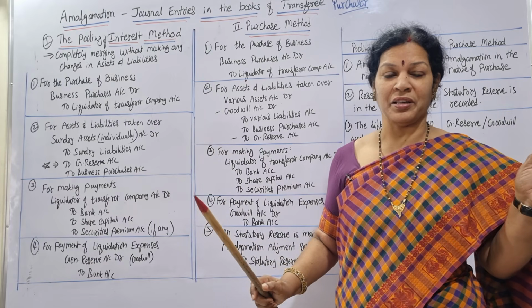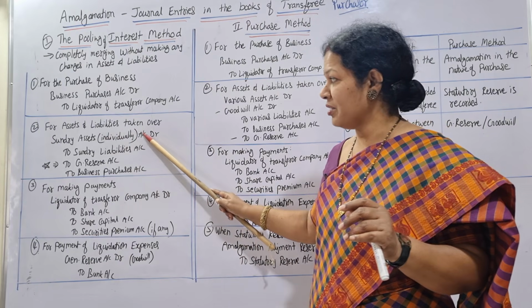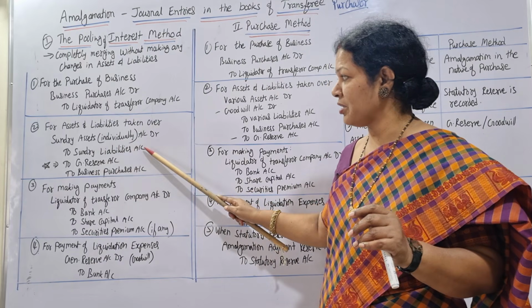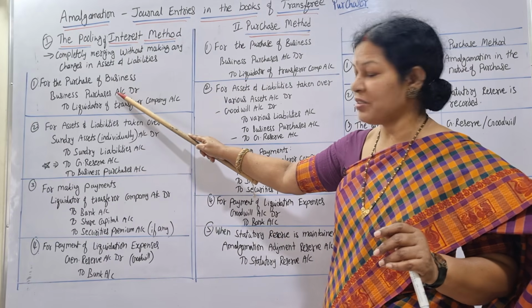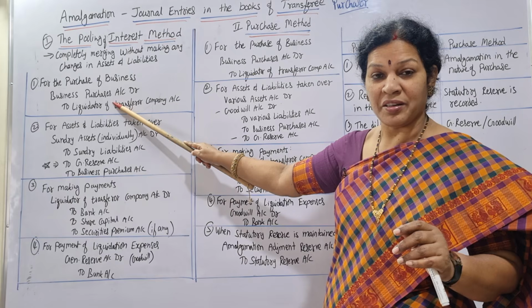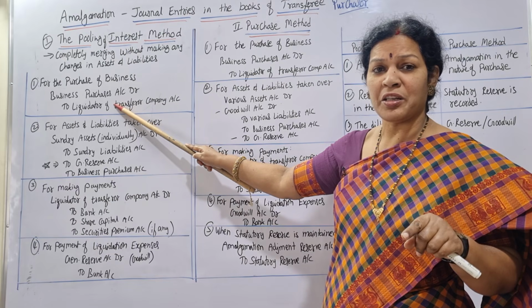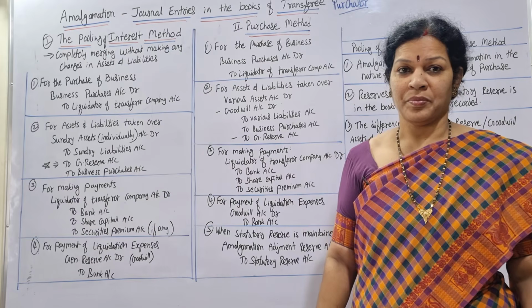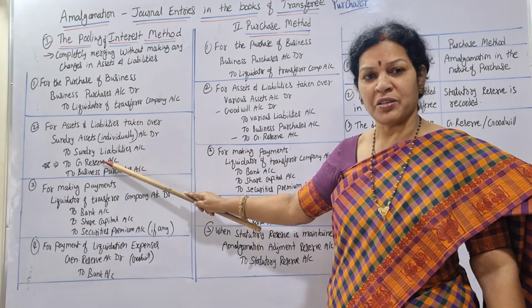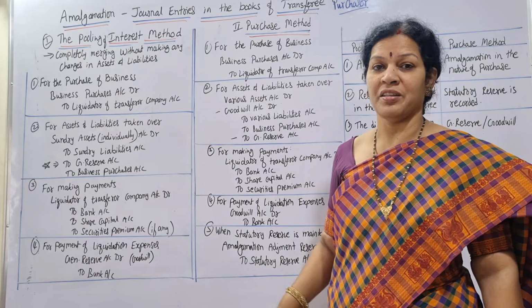Independently you have to write separately: sundry assets account debit to sundry liabilities account and business purchase account. Business purchase we have already written on the debit side. Whenever assets and liabilities are taken over, this business purchases comes on the credit side.